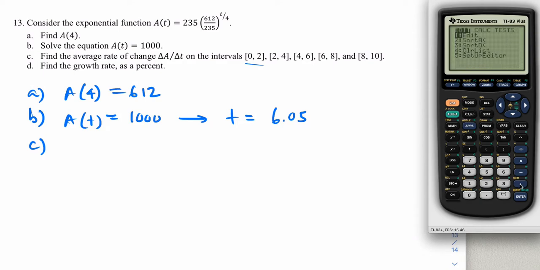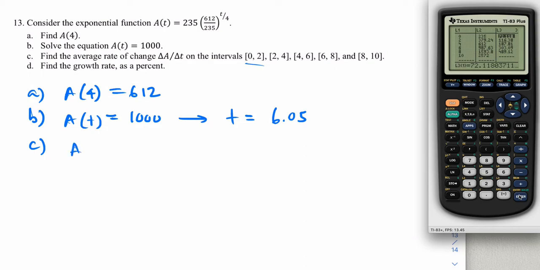So let's get those average rates of change. We're going to move over to L3, point up to it, and do delta list L2 divided by delta list L1. Change in outputs, which are in L2, divided by change in inputs, which are in L1. So there are average rates of change.